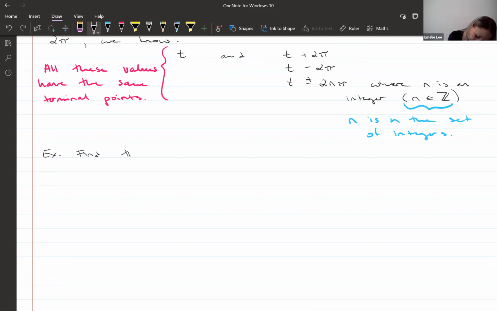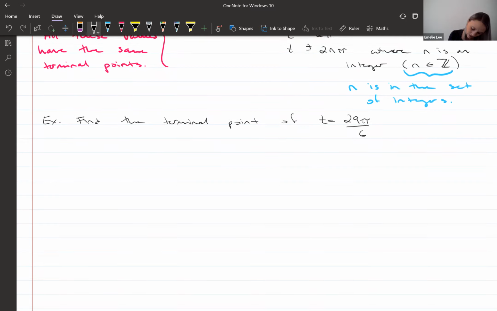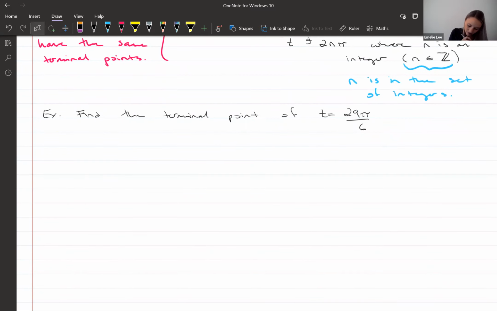But we'll see how you find this example. Find the terminal point of t equals 29 pi over 6. Okay. So what we do is you're going to pull out multiples of 2 pi.